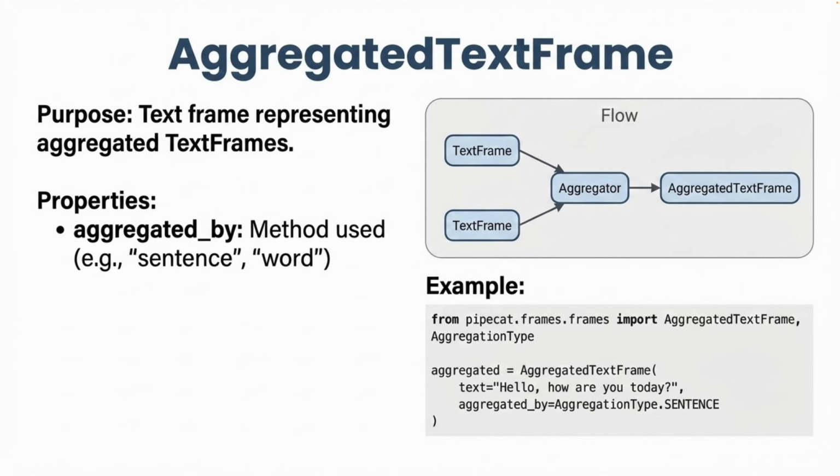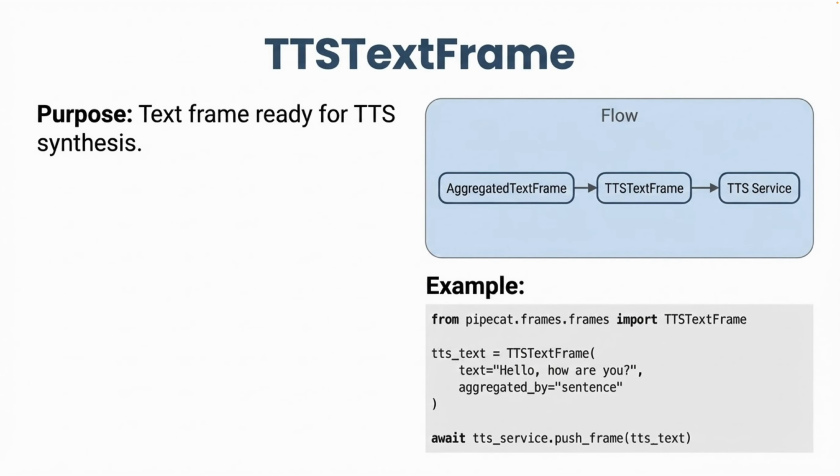And next we have TTS text frame. So TTS text frame, as the name suggests, explicitly marks a text as ready for speech synthesis. It is used right before a text is sent to a TTS engine. So it is mainly used by TTS services and speech pipelines.